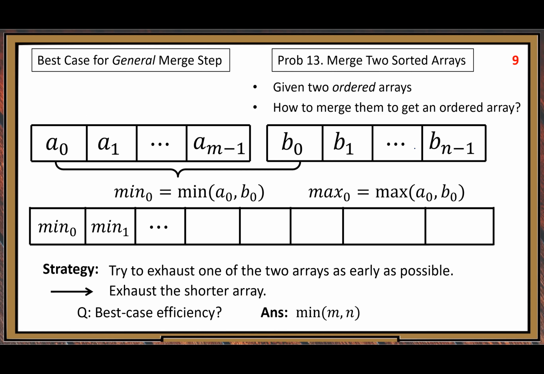Because after this discussion, we understand the merge step well. So that's the standard merge step in this way. So now we complete the merge step. After we complete the merge step, we complete the merge sort.